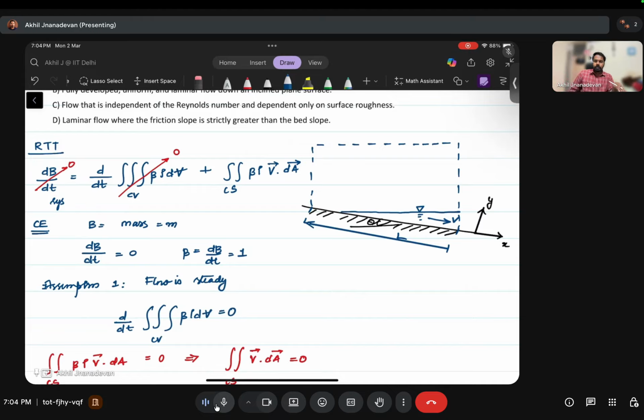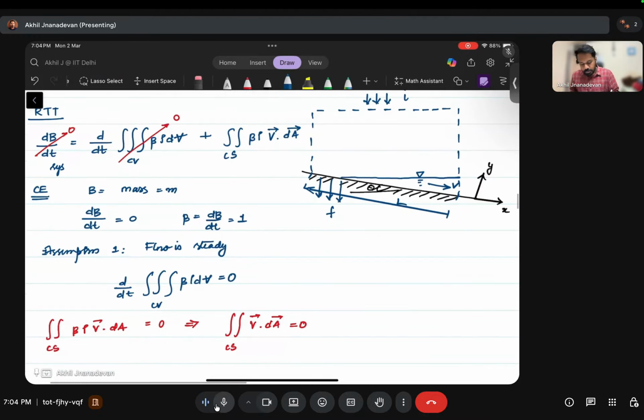So the velocity is parallel to the inclined surface. We have rainfall happening at intensity I, and we have infiltration happening at the bottom at a rate F. So we have rainfall and infiltration. This is the control volume that we consider to derive for the overland flow, right?